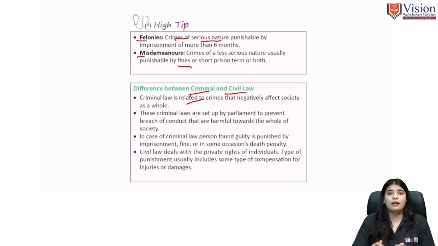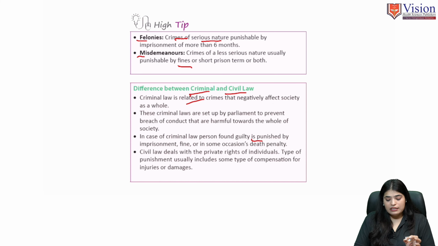That all comes under the criminal laws, and these are set by the parliament, and there are some punishments for these laws too. Okay, and in case of criminal law, if a person is found guilty, they are punished by imprisonment, fine, or sometimes the death penalty is also there in the criminal law.